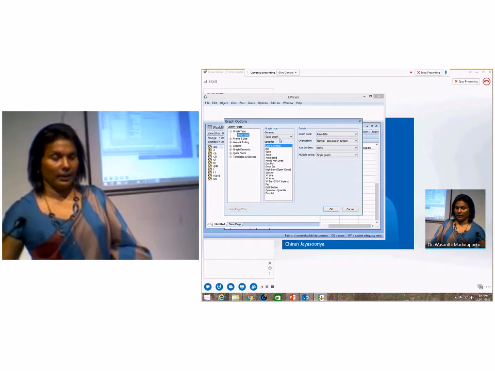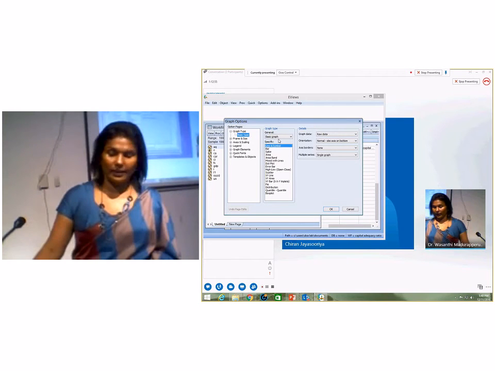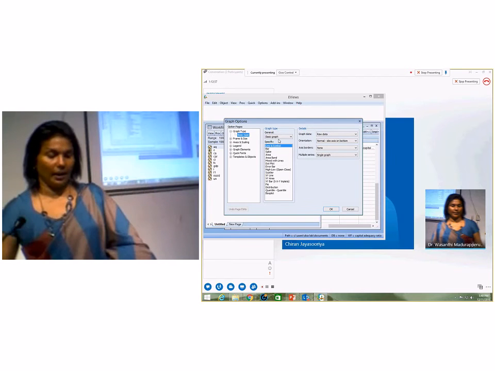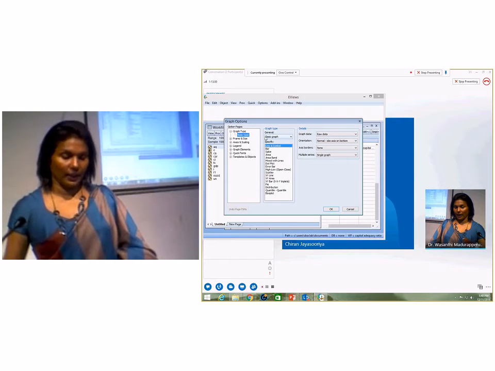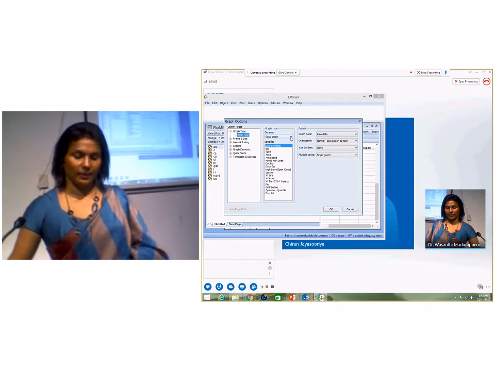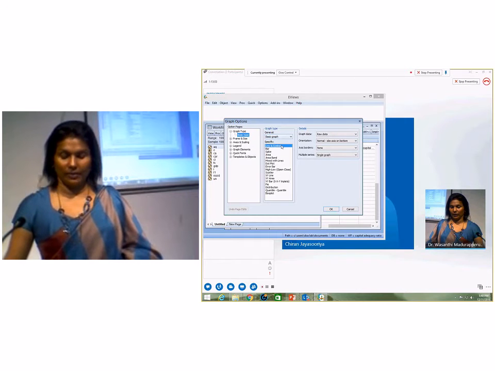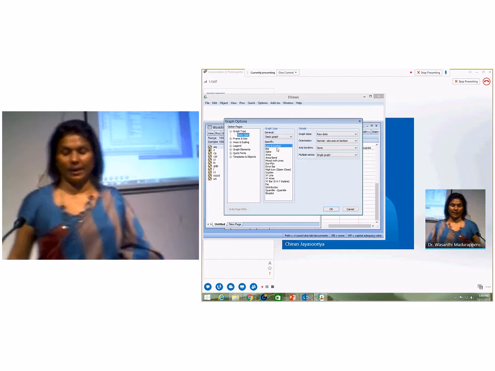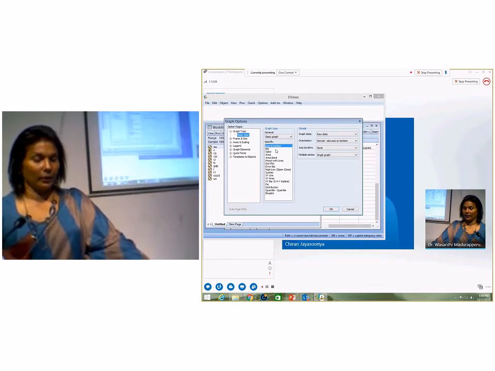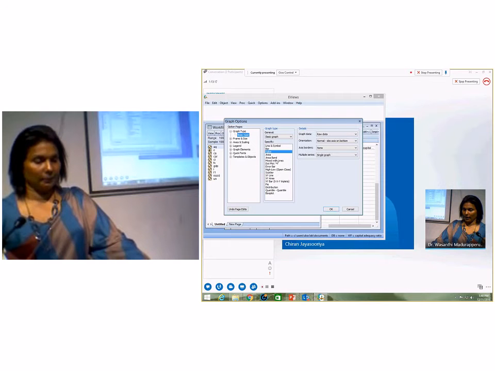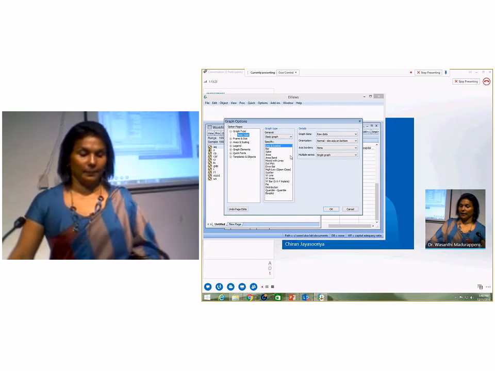Then select all the variables and use the graph type, basic graph. If it is a basic graph, select the specific graph type. There are all the graph types: line and symbol, bar graph, and all the graph types are there. In this time series, we use the line and symbol.